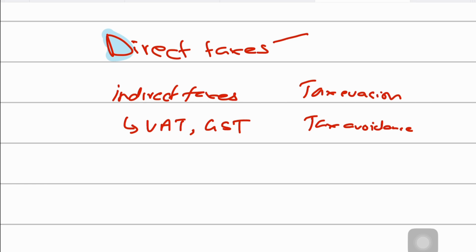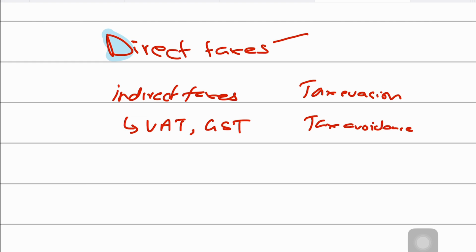And hence, for indirect taxes, you have a broad tax base. In that sense, you can generate significant tax revenues, because value-added tax or sales tax encompass a wide range of goods.